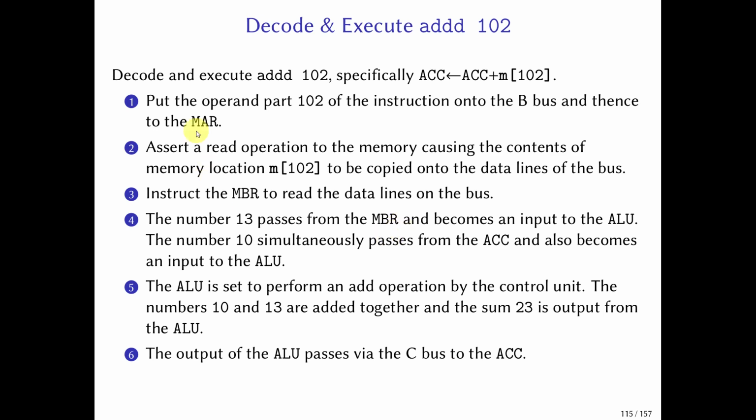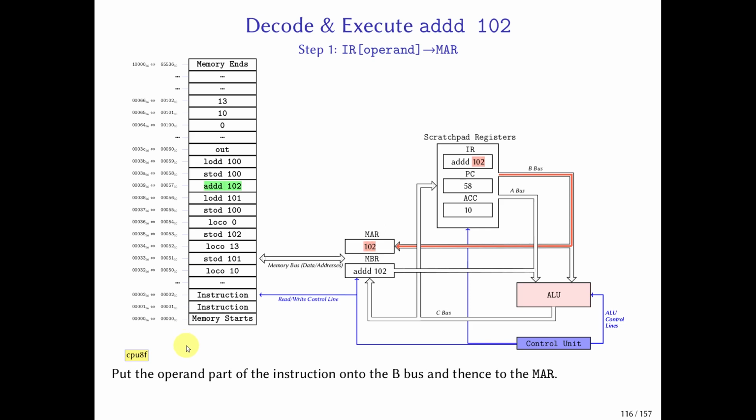You can see that there are 6 steps that we have to process, and we start off with the control unit looking at the machine code instruction that's stored in the instruction register, splitting it into 2 components, the operator, which is add, and then the operand.